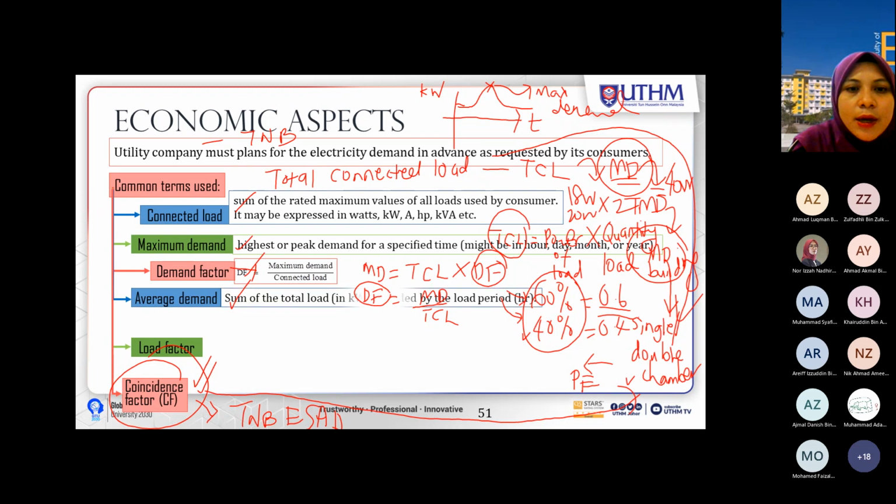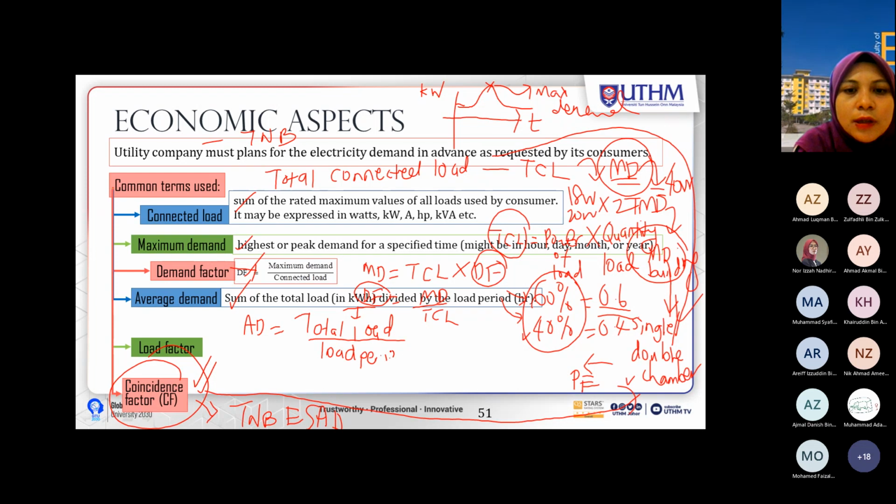Okay, and then you have to average demand, sum of the total load in kilowatt hour, which is kalau kilowatt hour is energy lah kan. Tapi kita buat total load divided by the load period. So maksudnya kalau average demand, rumus dia adalah total load. Okay, total load you divide by the load period.